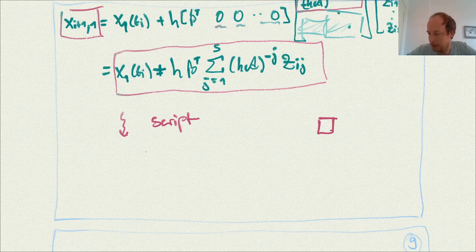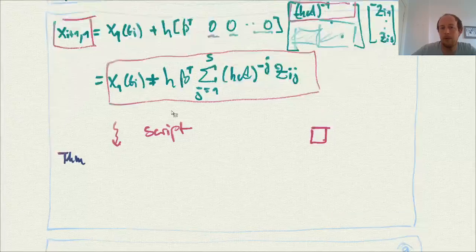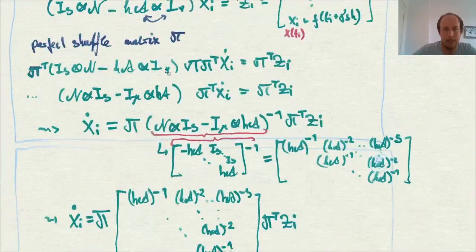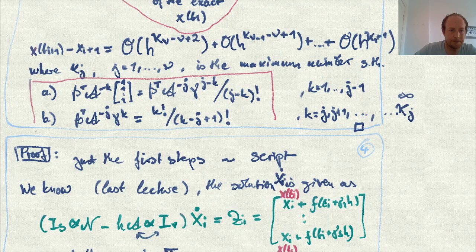And then I will just add on with the theorem. So once we have consistency, and with that we have these conditions for consistency. Where are they? Here. These are the conditions for consistency for a Runge-Kutta method.